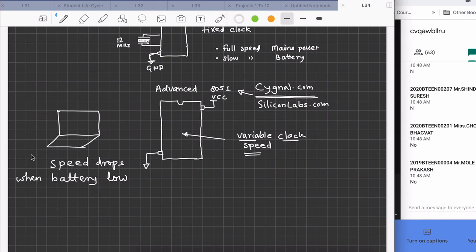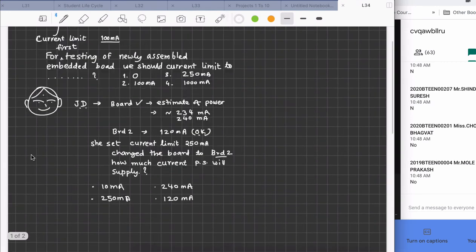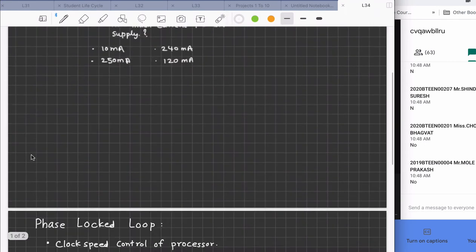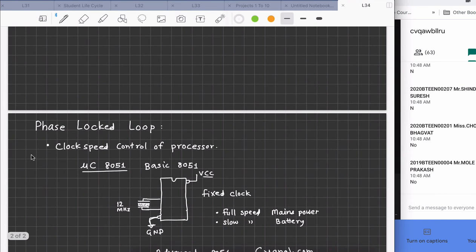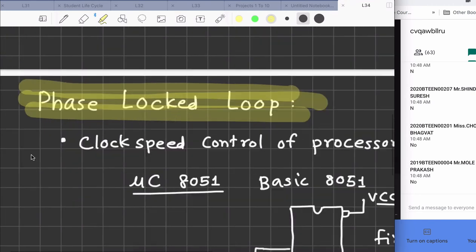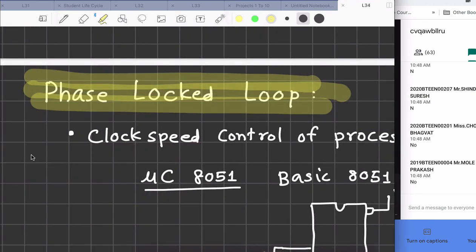It happens because there is this particular block. So this block is responsible for facilities such as variable clock speed in electronic circuits. Do you think it is useful? How does it work? We'll see.